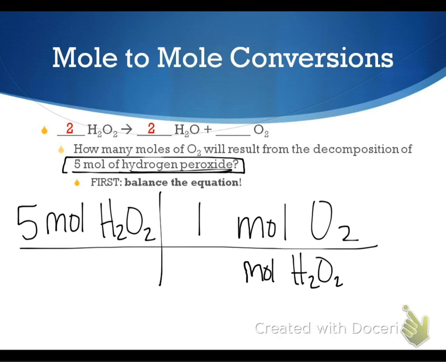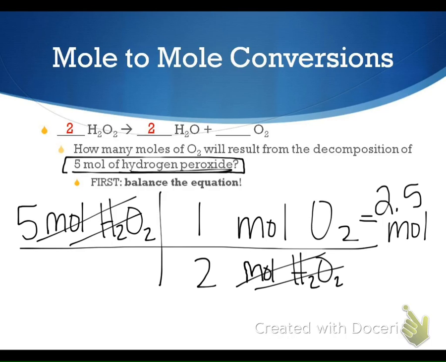And our coefficient for hydrogen peroxide is? 2. So I'm getting rid of moles of hydrogen peroxide. Those cancel out. I'm going to multiply across the whole top, divide by the whole bottom, and get 2.5. 2.5 moles of what? O2. That makes sense.